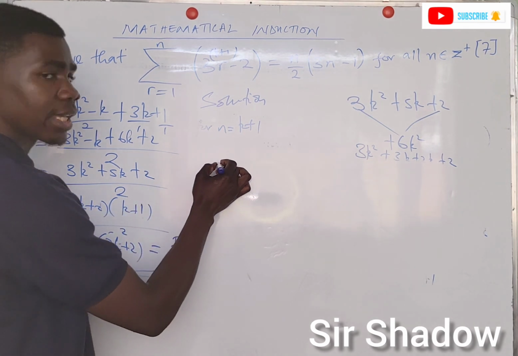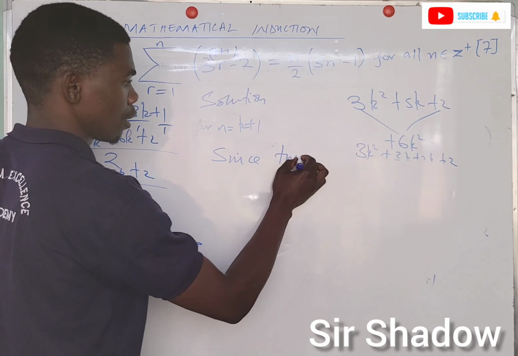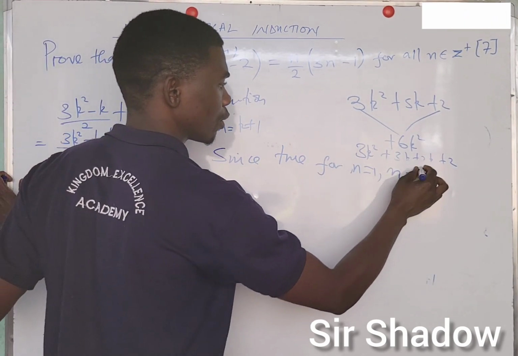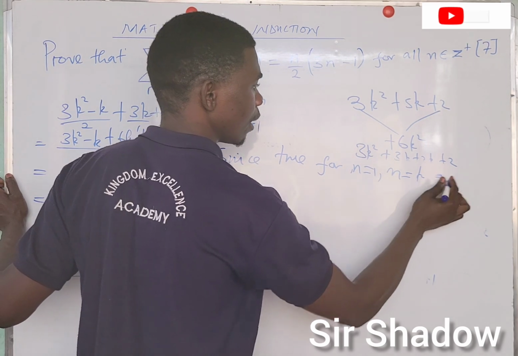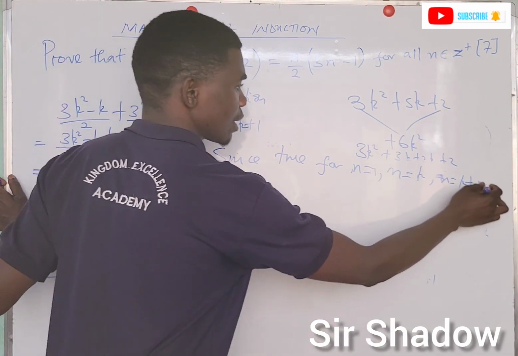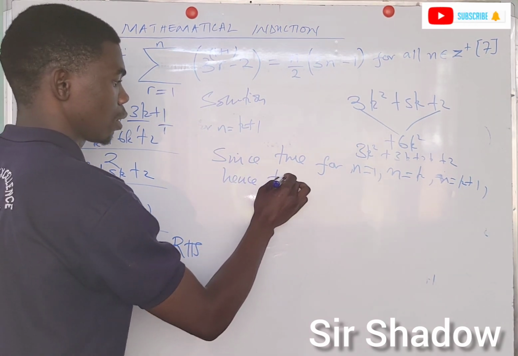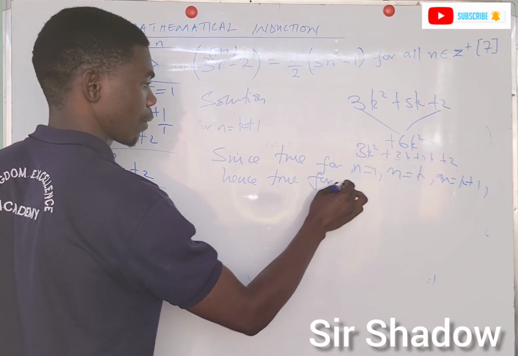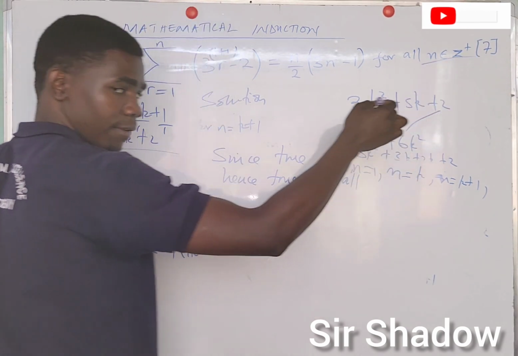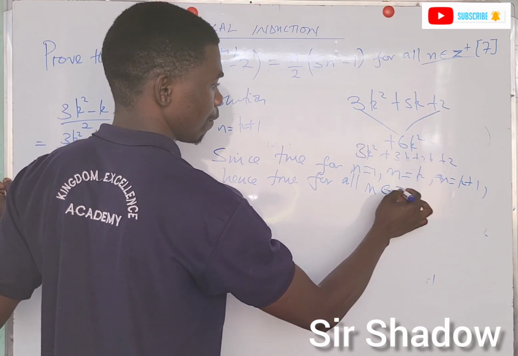So for the conclusion, we are saying since true for n is equal to 1, n is equal to k, n is equal to k plus 1, we may say hence true for all positive integral values of n.